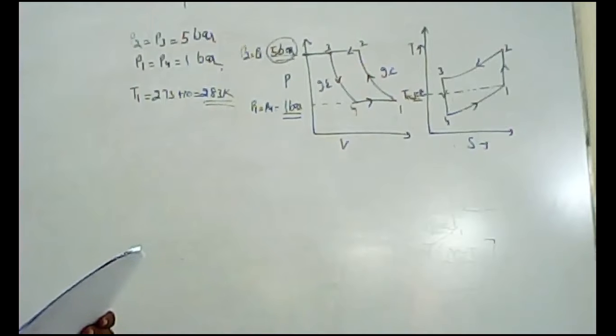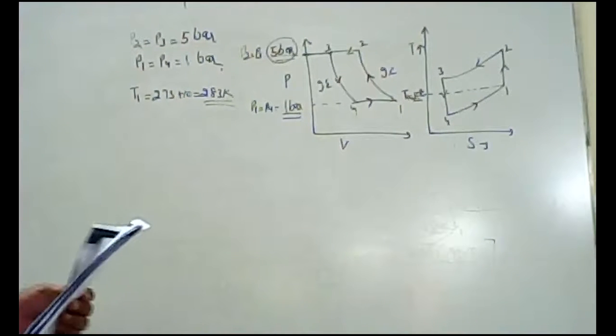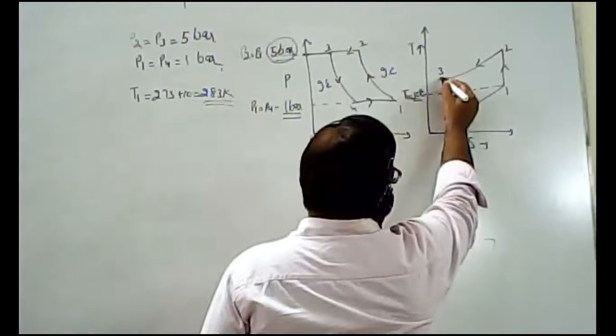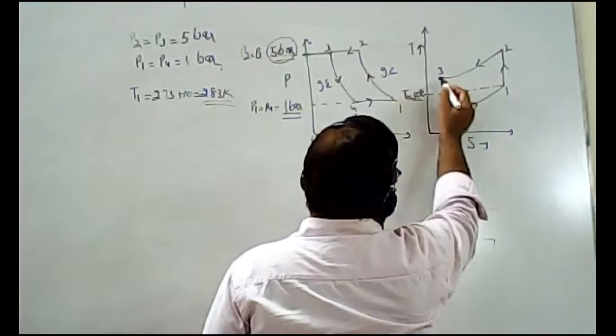After compression, the air is cooled in a cooler before expanding back to a pressure. Before means before expanding, so the value of T3 is given.